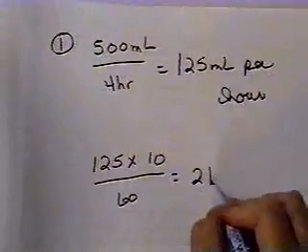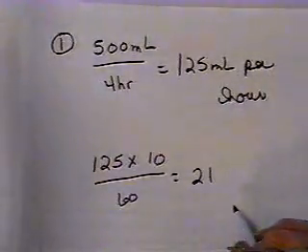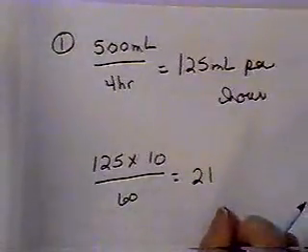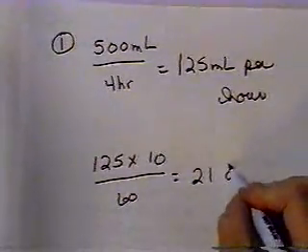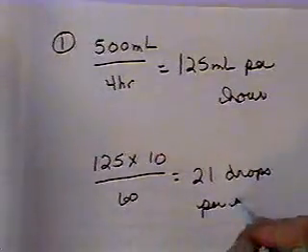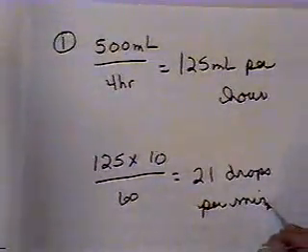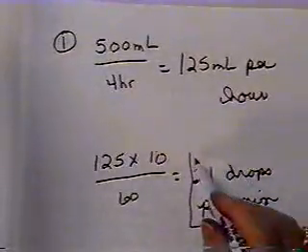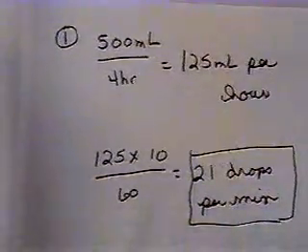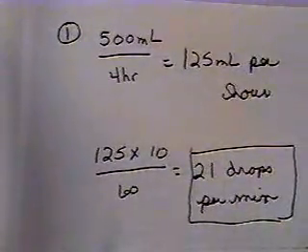Now this number we round off to the nearest whole number. We don't use any decimals here, we round it to a whole number because this answer is drops per minute. And you can't give me 8/10 of a drop. So the drops are always rounded off to a whole number.